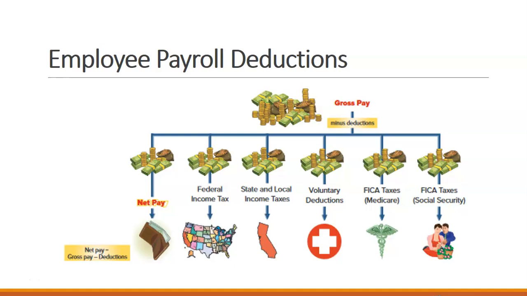Items that fall under voluntary deductions are if we're contributing to a retirement account, or if we are taking the employer's health insurance, and so we pay a portion of our health insurance. Those are examples of voluntary deductions.